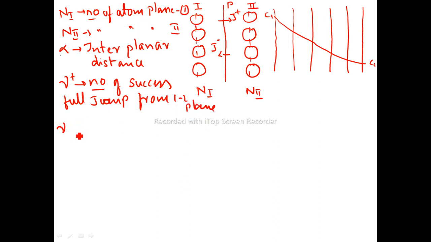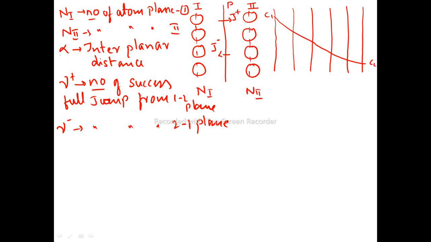Similarly, gamma minus is the number of successful jumps from plane 2 to plane 1. Okay, this is all about the terms used in this derivation.